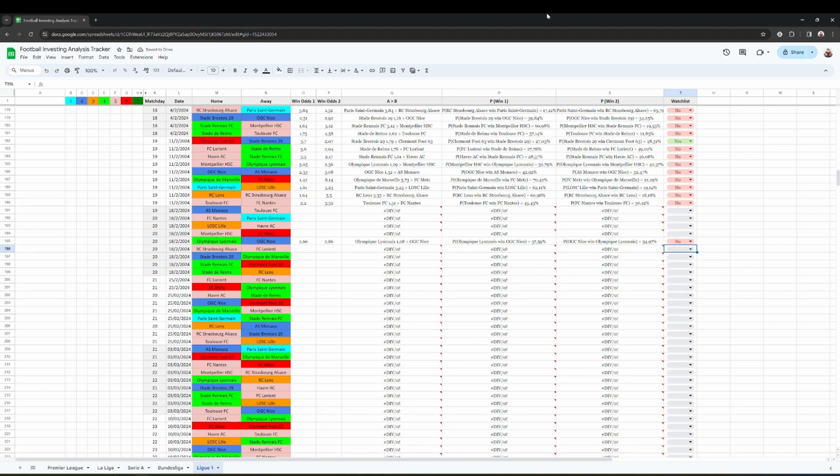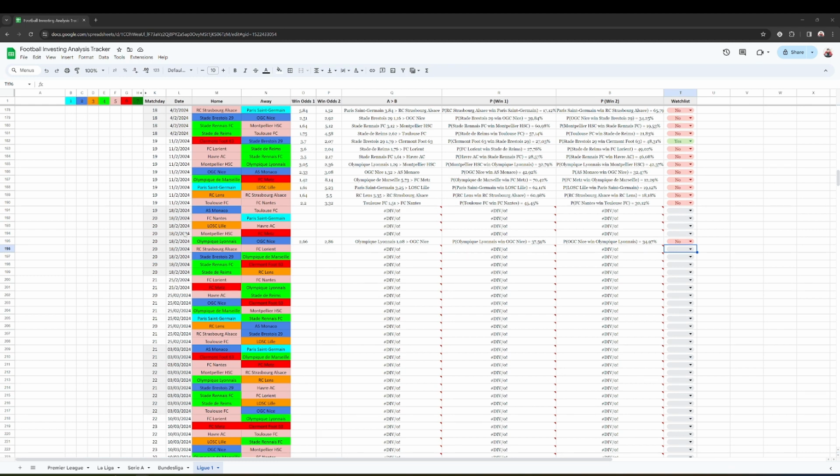Usually I wouldn't in those circumstances, but really Lyon is playing very well recently. They've defeated Montpellier, they defeated Marseille. Nice, one win in last 4. Yeah, I think this is correct.